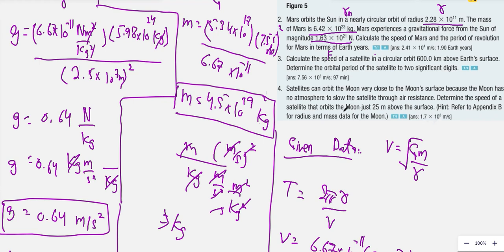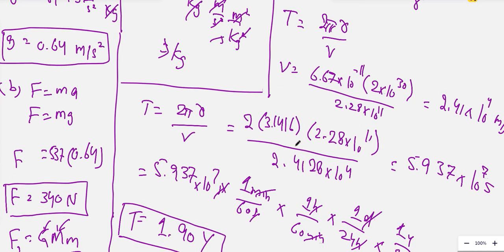The period is 75 minutes. We also need the radius and mass of the Moon for the given data. Let me solve this one.